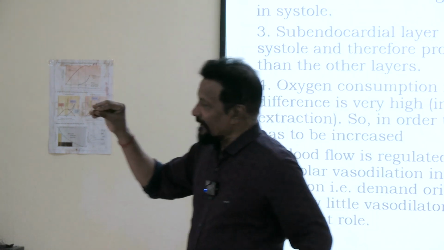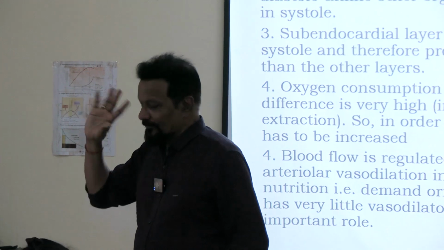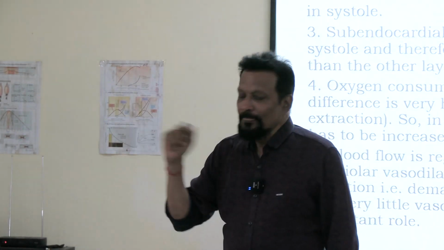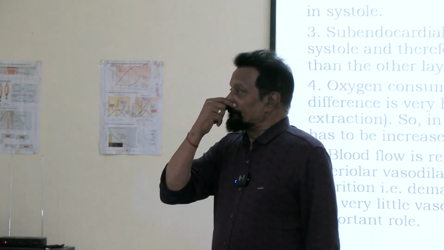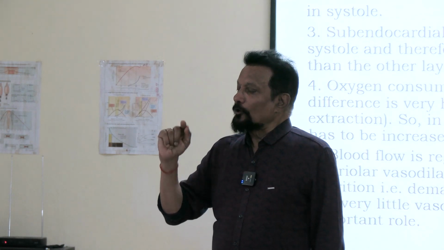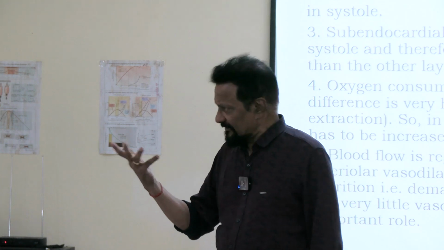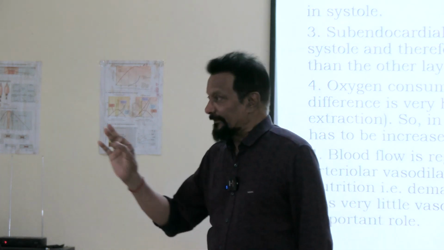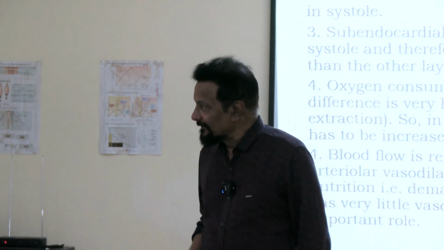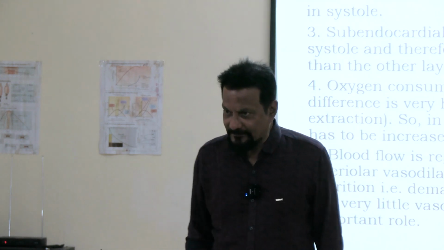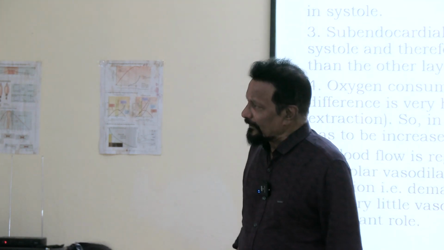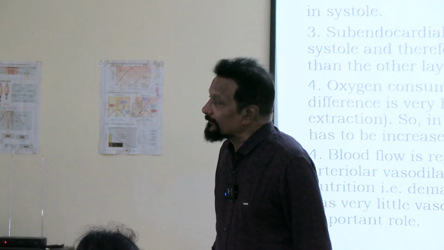Another thing, you said our normal resting heart rate is 72, somebody said 75, somebody said 80. Okay, let it be 75 beats per minute. How much time will one beat take?